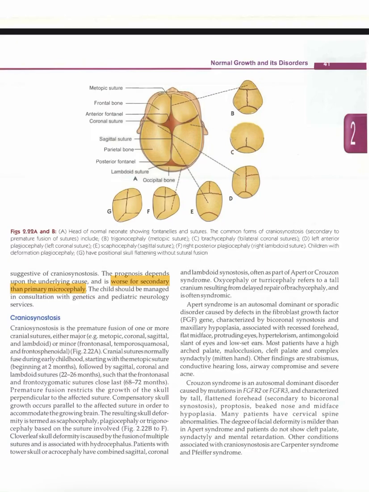Okay. A is the normal head. B is trigonocephaly, and C brachycephaly, D left anterior plagiocephaly, E scaphocephaly, F right posterior plagiocephaly.